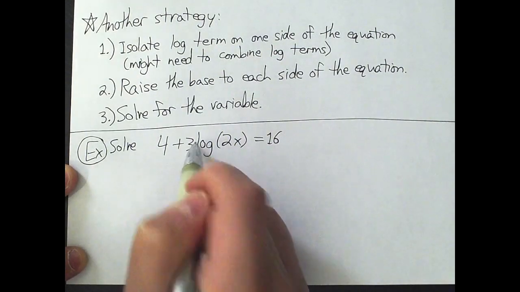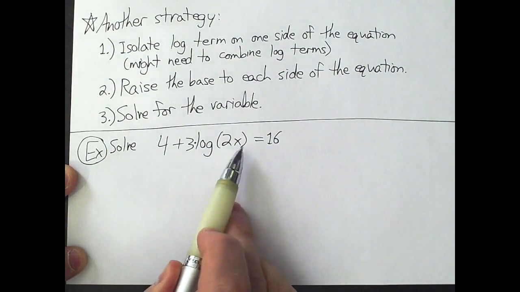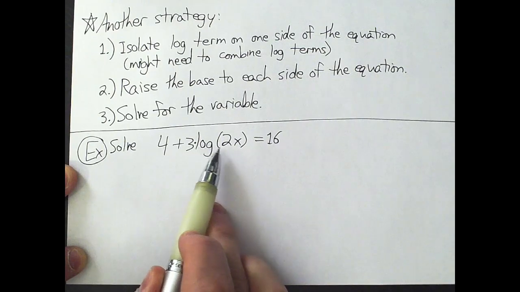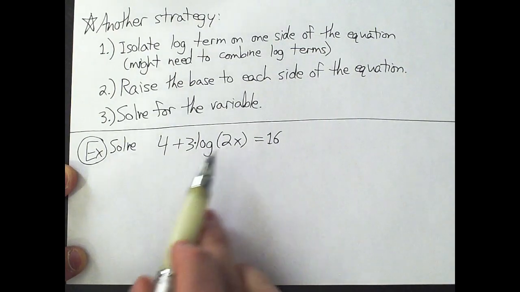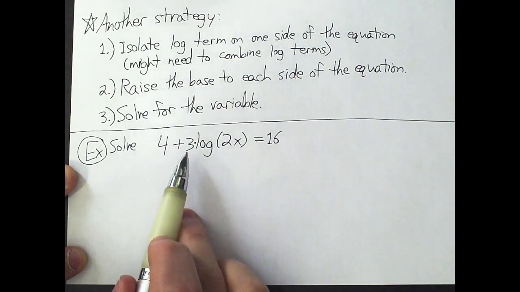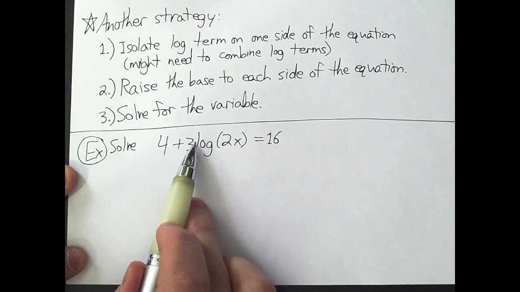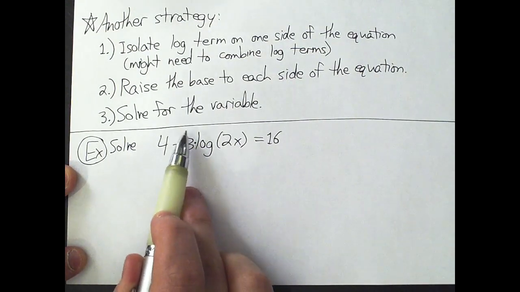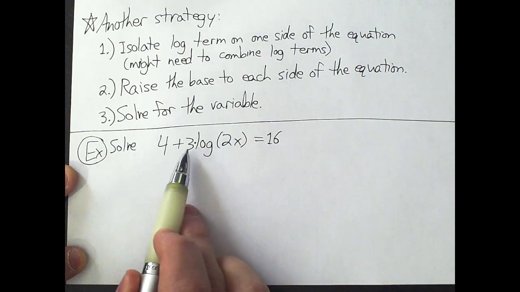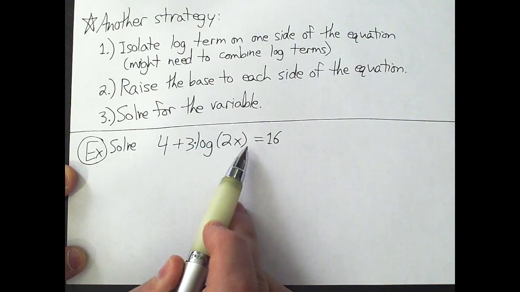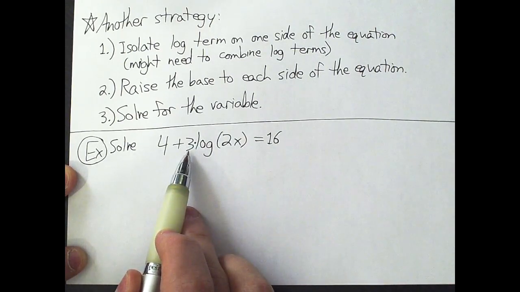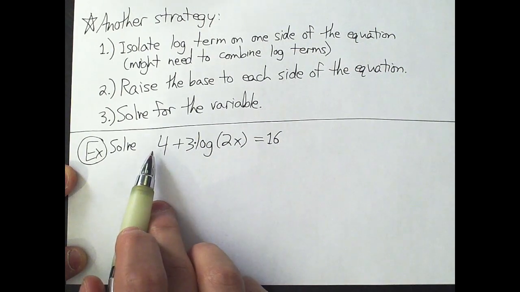This is like 3 times log, right? We have 3 of these log 2x's. The plus 4 is on the outside. Order of operations says multiplication happens first. So this 3 stays attached to the log. Multiplication happens first, addition happens afterwards.